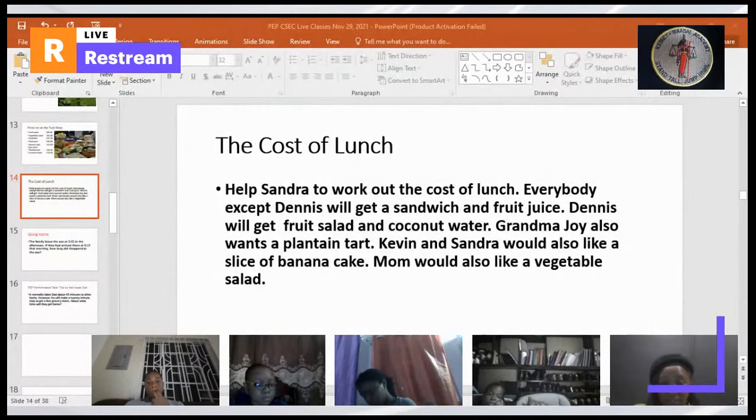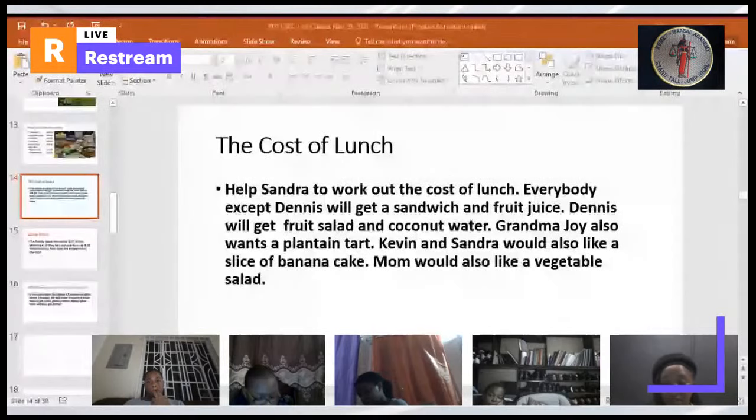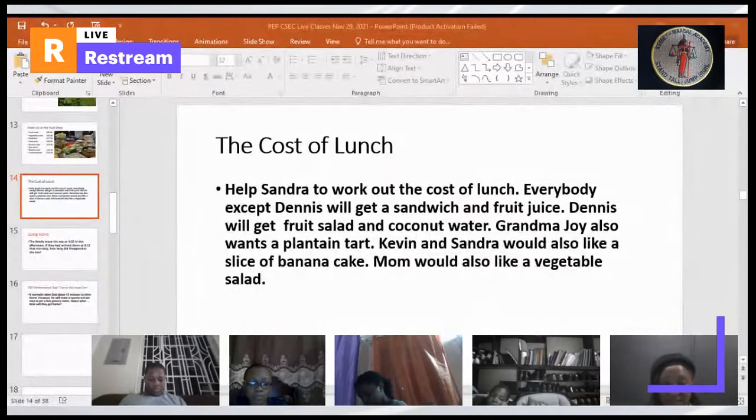Now Dennis will get his fruit salad and coconut water. So that's the $38 plus 50. That's $48.50 for Dennis. So when we add those together now, plus the extras, grandma wanting tart, that's $16.80. And the slices of banana cake, that's $46.